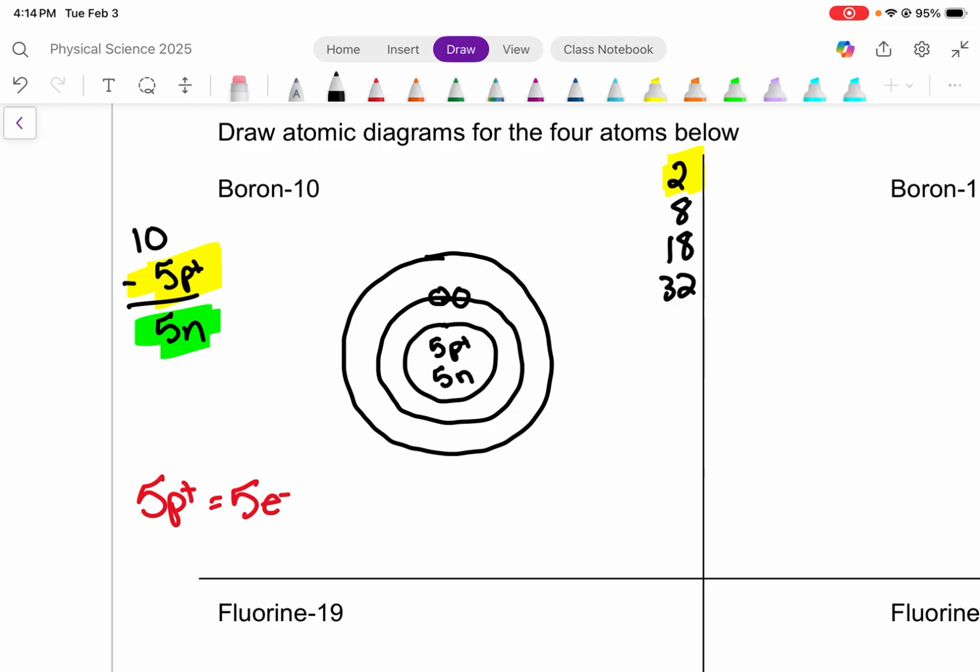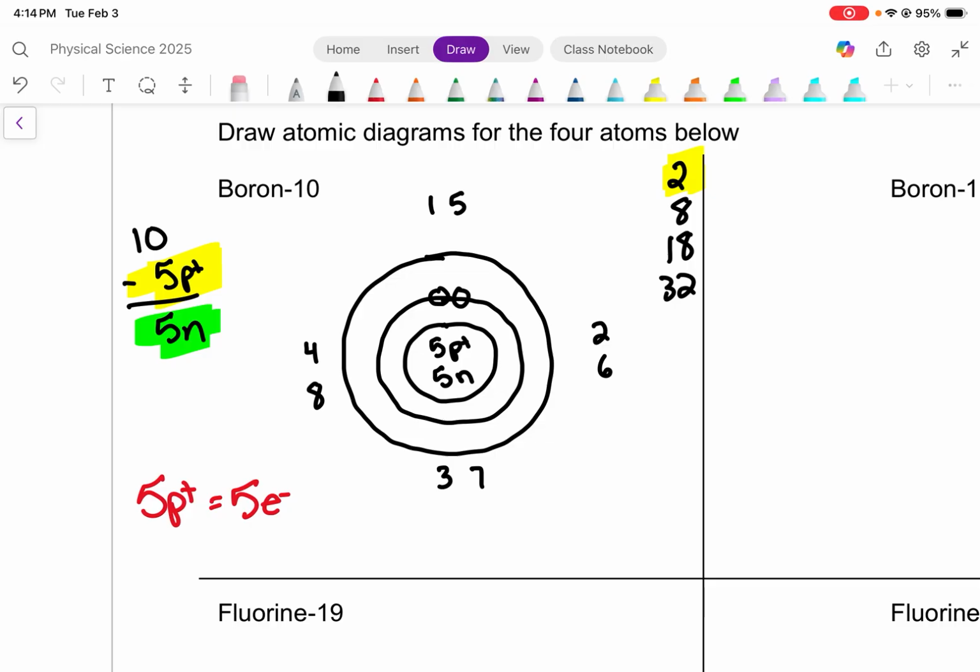So I'm going to put the numbers, because there can be 8 in here. 1, 2, 3, 4, 5, 6, 7, 8. So that's the order we're going to put those electrons in there. It's kind of weird right now, but the explanation will come later.